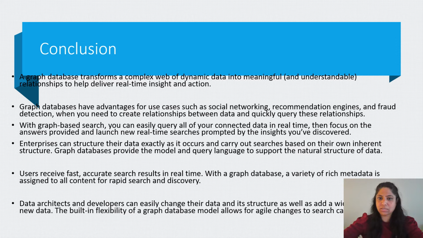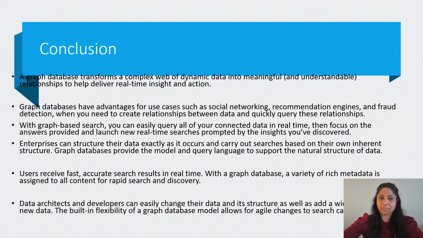One such use case is social networking, which we saw in the end-to-end example. It also suits recommendation engines and fraud detection, when you need to create relationships between data and quickly query these relationships. The third conclusion is that with graph database search, you can easily query all of your connected data in real time and then focus on the answers provided and launch new real-time searches prompted by the insights which you have discovered.